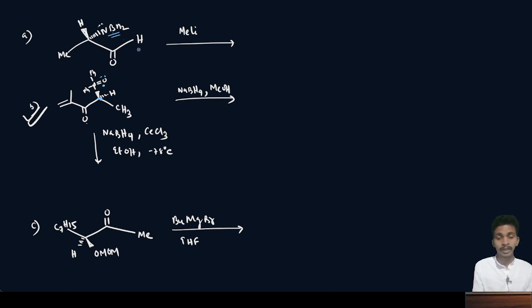For Cram's chelate model, the alpha carbon has to have a group with a lone pair, and the metal used should show chelate properties. Here lithium is the metal, and it shows that chelate property. So there is a possibility of the Cram's chelate model, but the problem is here the NBn2.